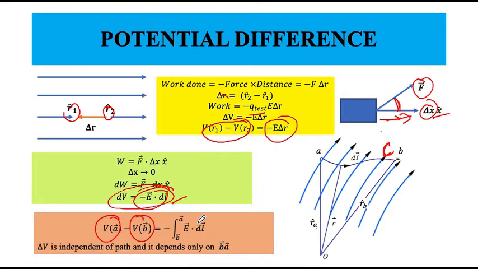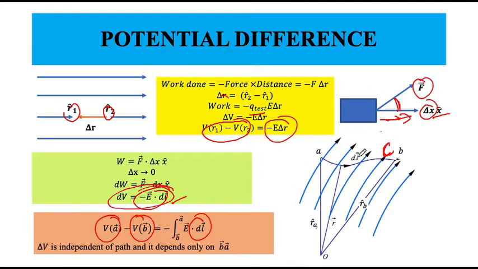What is E? What is dl? dl is the vector line element here, and E is the electric field of the region or the space in which we are moving the charge. Okay, so this expression is very crucial for you to note down. The potential difference between 2 points is given by the line integral of the electric field, which is a vector quantity, along a particular direction.